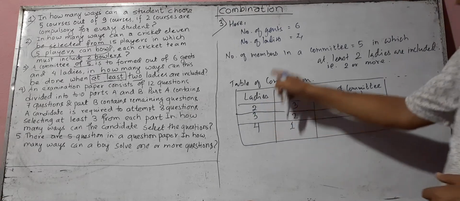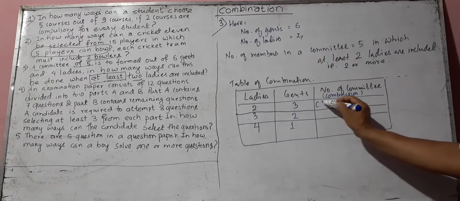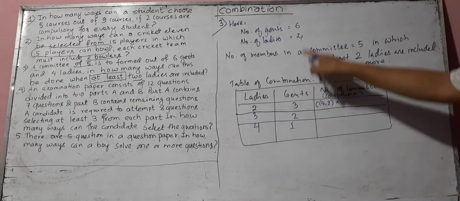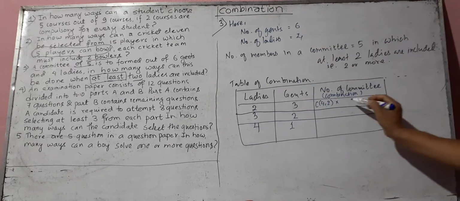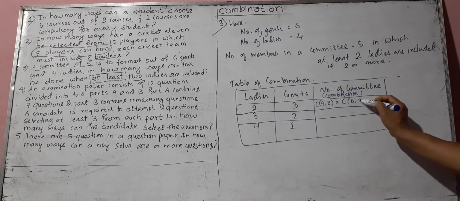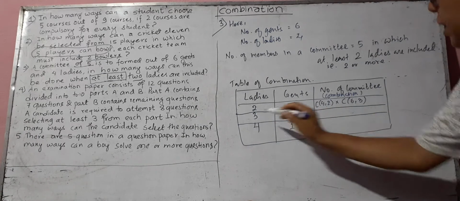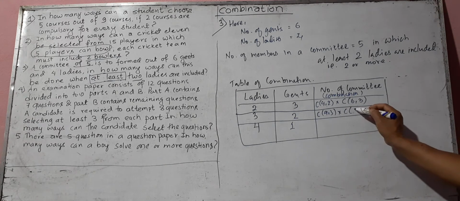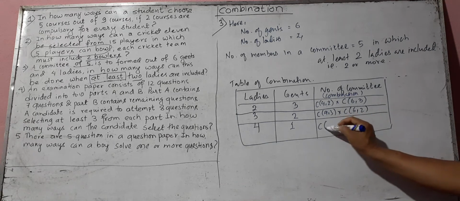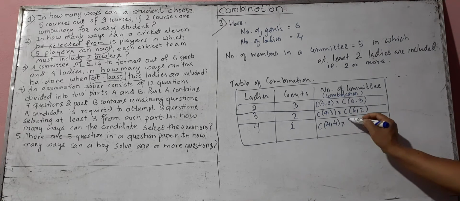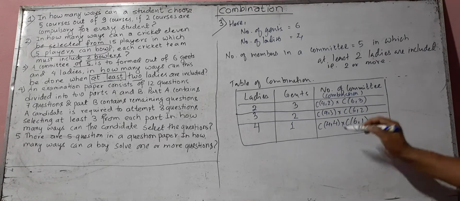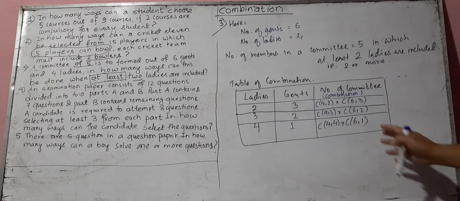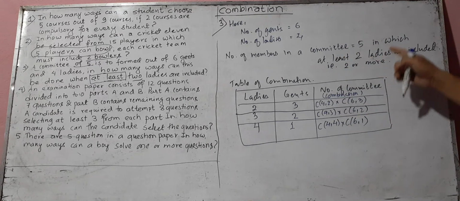These 2 ladies can be selected from 4 ladies, so C4,2 times 3 gents selected from the 6 gentlemen, so C6,3. Similarly, C4,3 times C6,2, and C4,4 times C6,1. This is the number of committees or combinations under these given conditions.